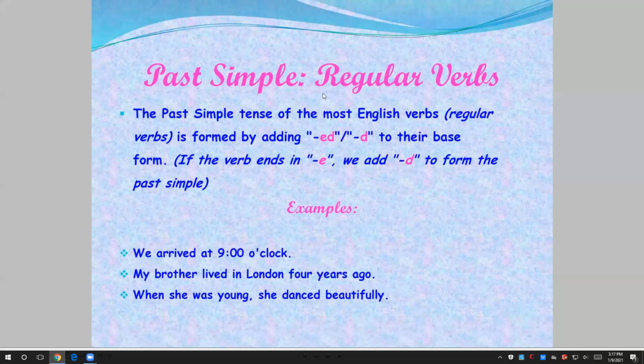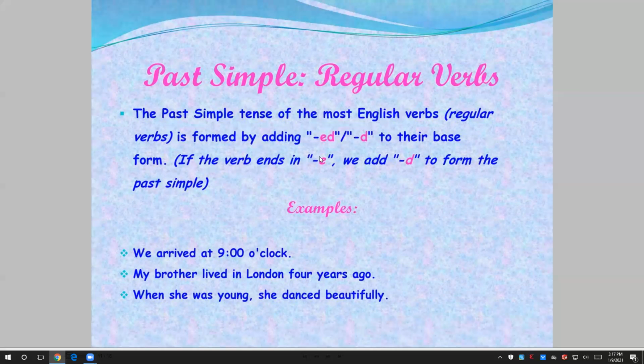Now, regular verbs are verbs where, when we add ed, we get the past and past participle forms, like wash, washed, washed, play, played, played. So these are regular verbs. The past simple tense of most English verbs, which are regular verbs, is formed by adding ed or d, depending on the spelling, to their base form.